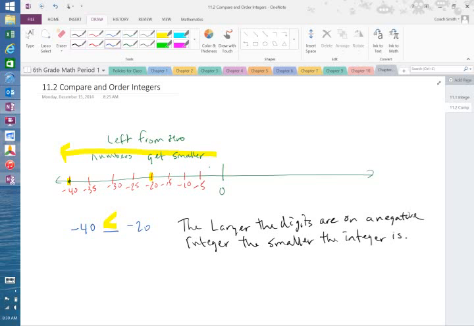So if we were comparing, let's say, -40 to -80, which is going to be the larger number? -40. So therefore, in our problem right there, we would put the greater than sign.